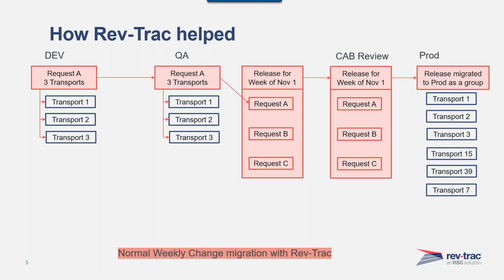And that can be Thursday at 4 p.m. It could be Saturday at noon, whenever you have set up your schedule. Once you said the release can go, it'll sit there until the proper and appropriate time, and then it'll automatically go into production. And provided there's no issues with any of the transports, it's done at that point.